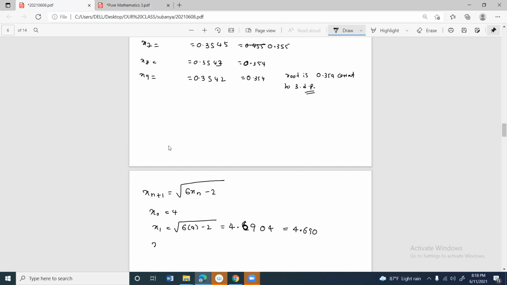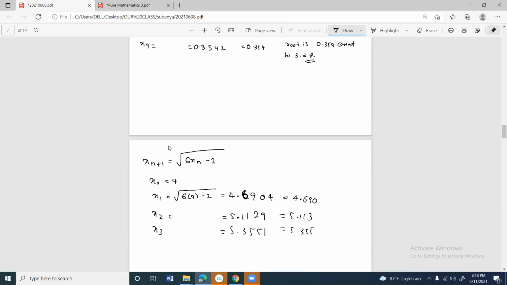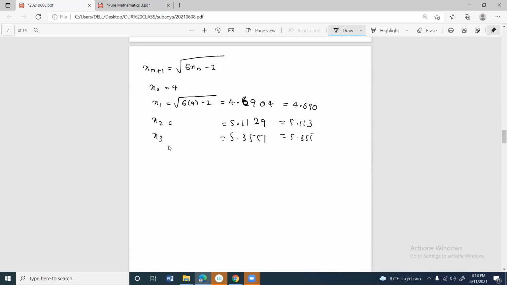Then for x_2, replace that answer into the formula, and that turns out to be 5.1129, that is 5.113. Then x_3 is 5.3551, that is 5.355.